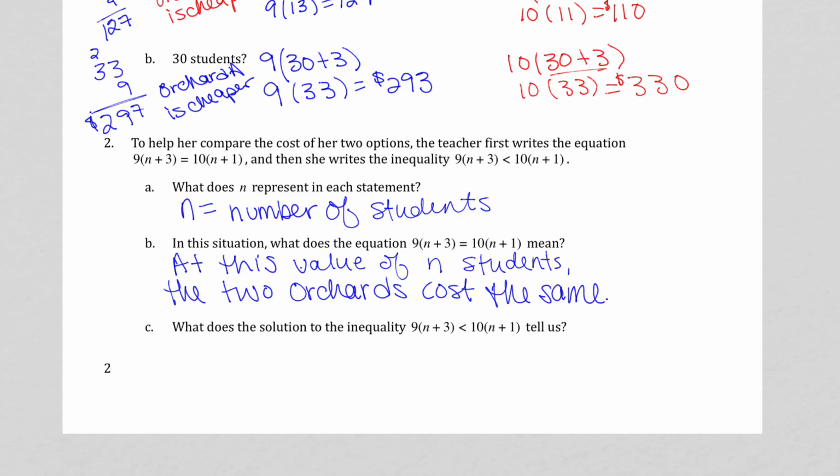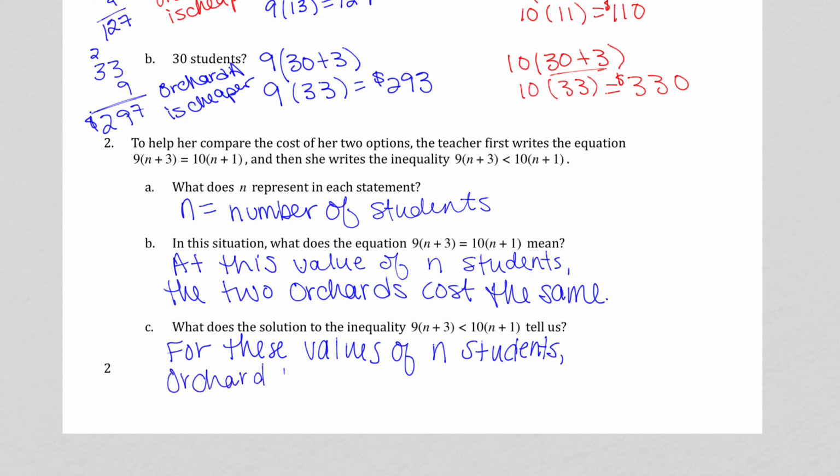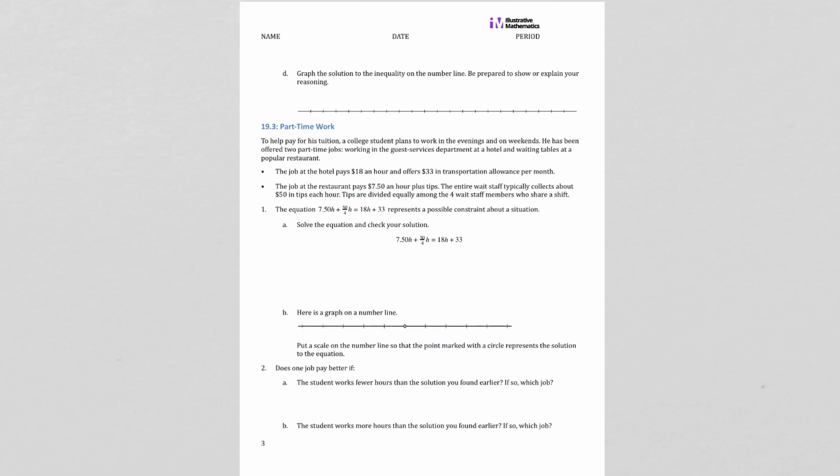So, that means that for these values of n students, orchard A will cost less than orchard B. All right, so if you need to pause to write all this down, make sure you have this in your notes. I'm going to keep going to the next page.